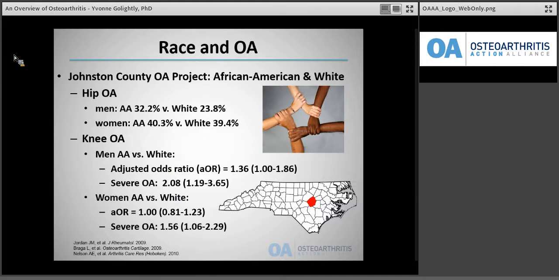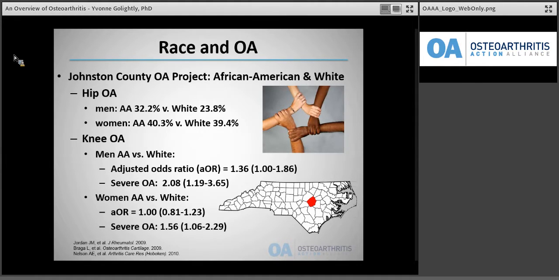And then we do see that there are some racial differences in osteoarthritis in some work done by my colleagues with the Johnston County Osteoarthritis Project, which is a population-based study that looks at African Americans and whites. What they have found is that hip osteoarthritis is more common in African American men than in white men, although we don't see a great difference when looking at women.